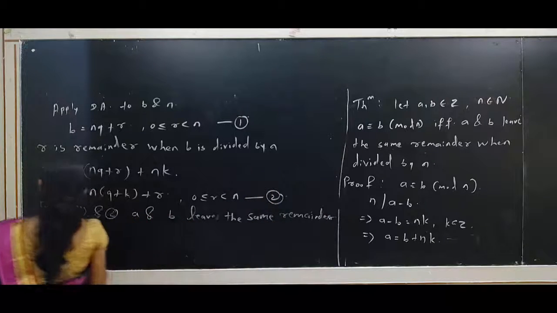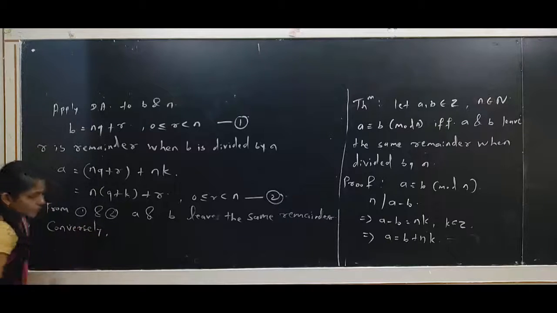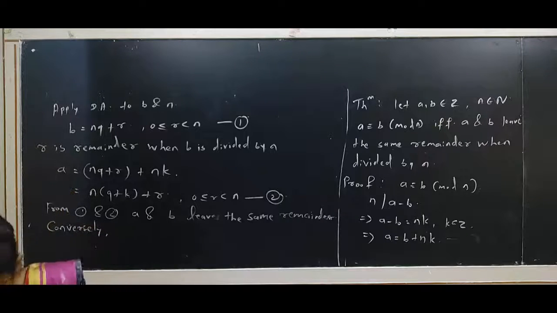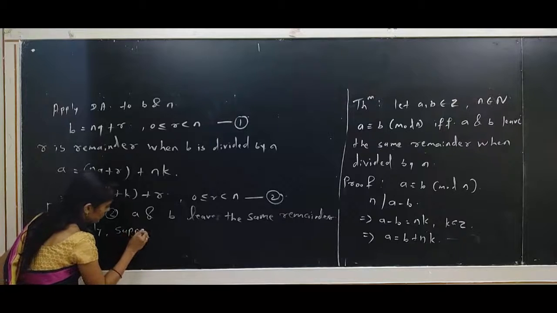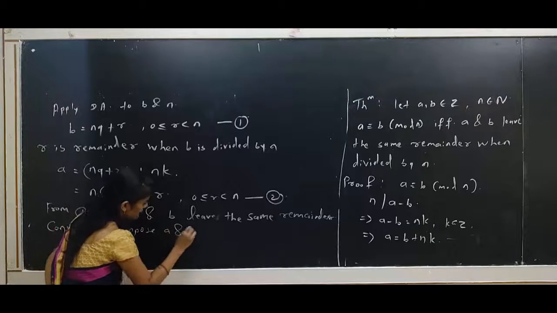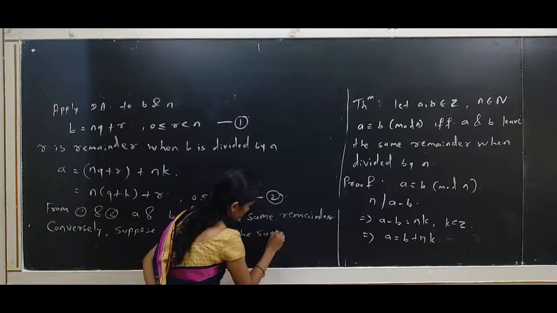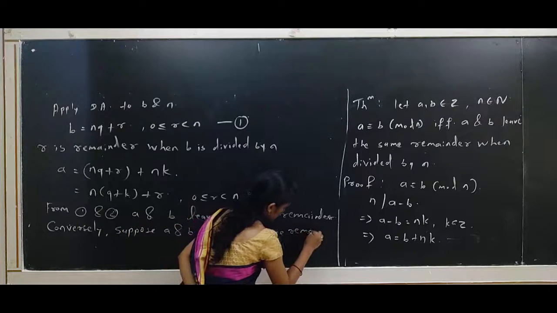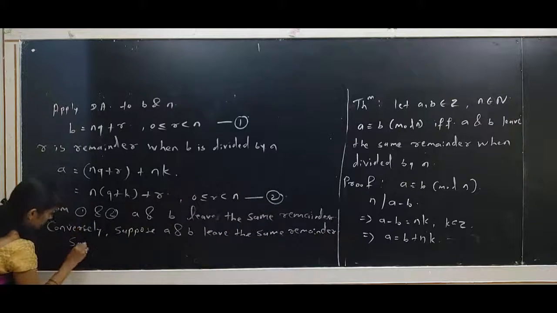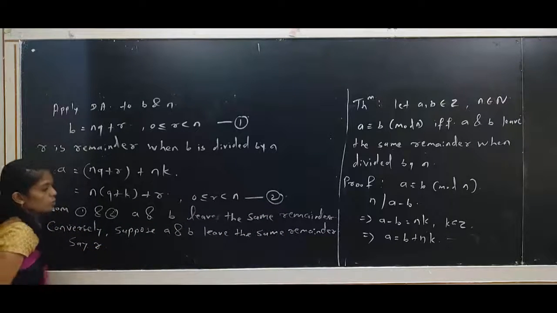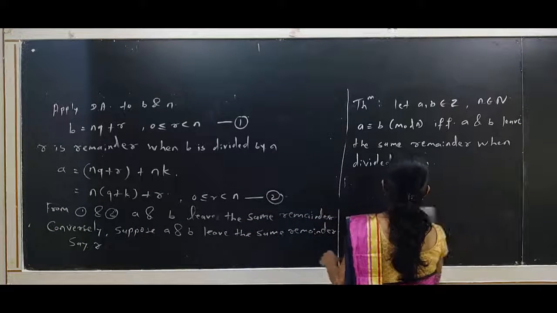Okay, now conversely, suppose a and b leave the same remainder, say r. So here we want to show that a is congruent to b modulo n.